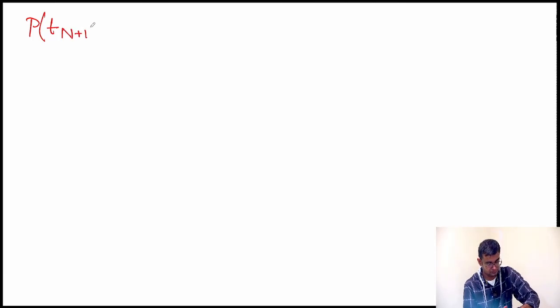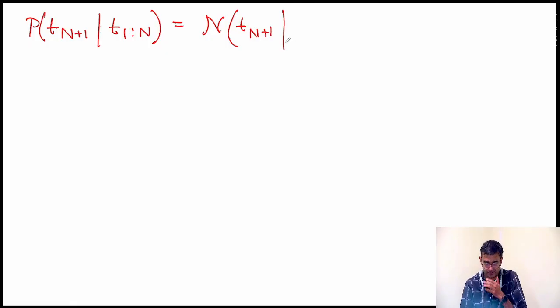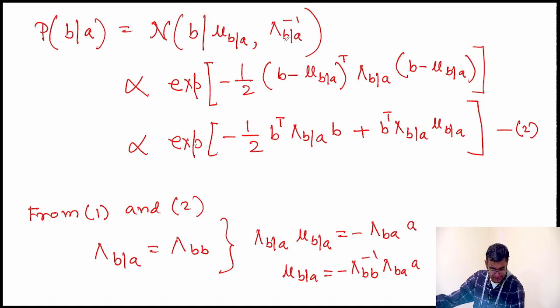So if I have to write it in our form, what will I get? Probability of T n plus 1 given T 1 to n is a Gaussian over T n plus 1 given the mean term you care about. What is the mean term?